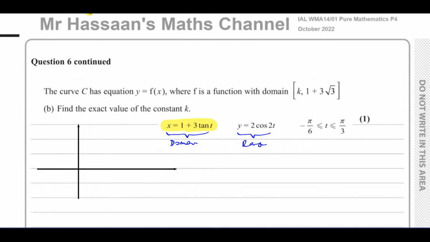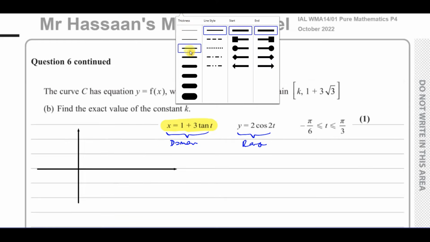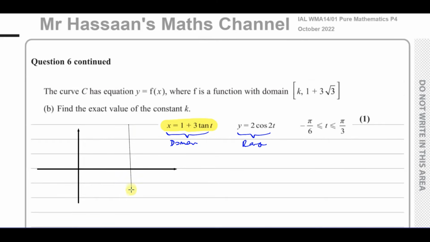All right, so this is the tan curve. We know the tan curve has asymptotes at pi over 2 and minus pi over 2, which will be way away from where we are, actually. It'll be further along and further behind where we are.